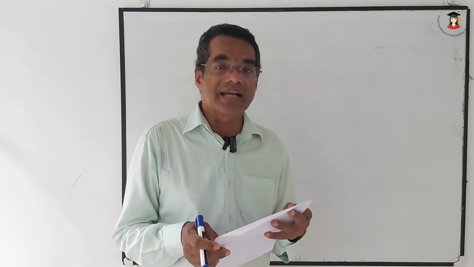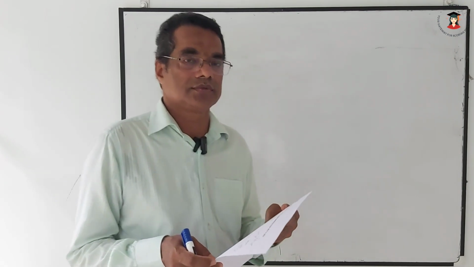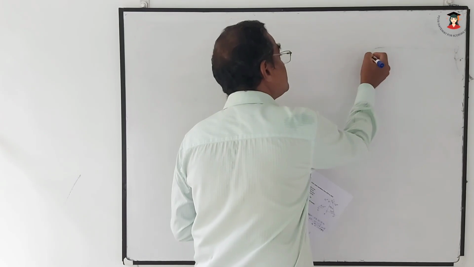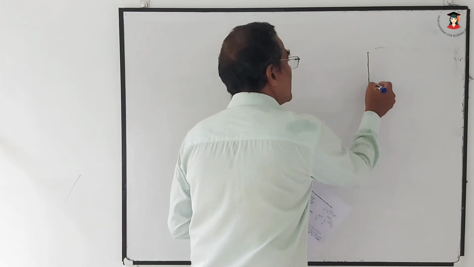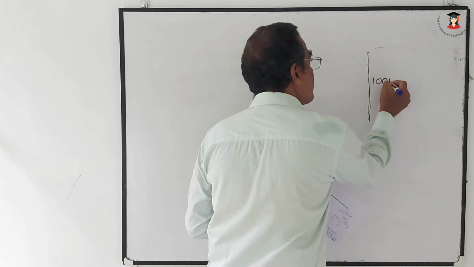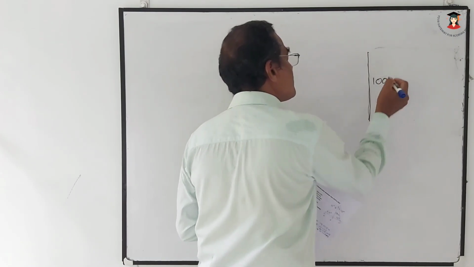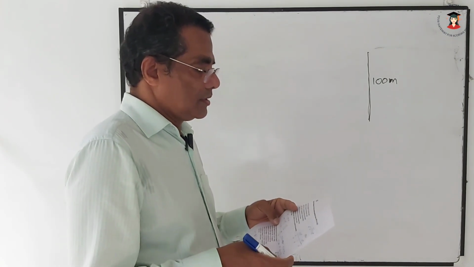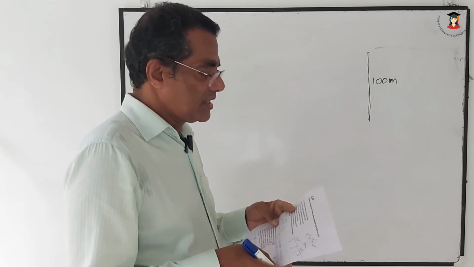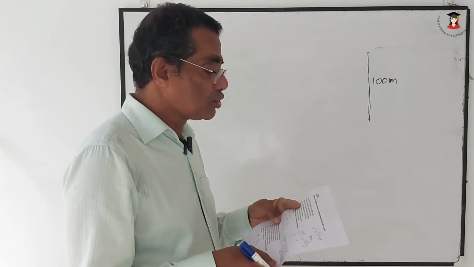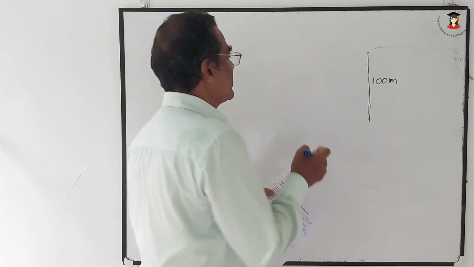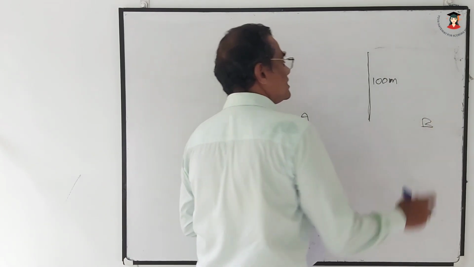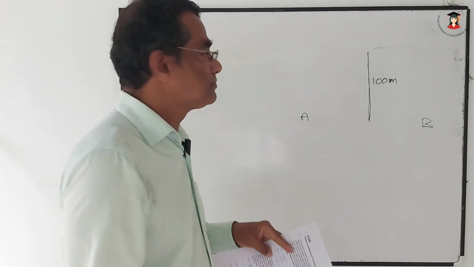From the top of a tower 100 meter high. So there is a tower, and its height is 100 meter. From the top of the tower, somebody is observing two ships. The ships are A and B. There is a ship here and there is a ship there. The ships are on the opposite sides of the tower.